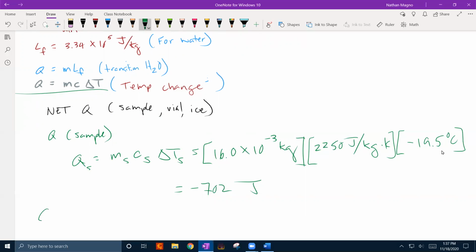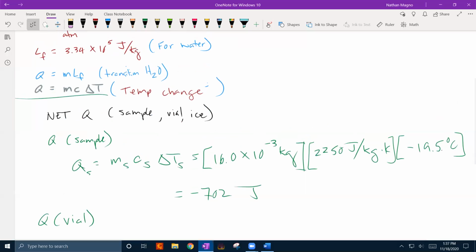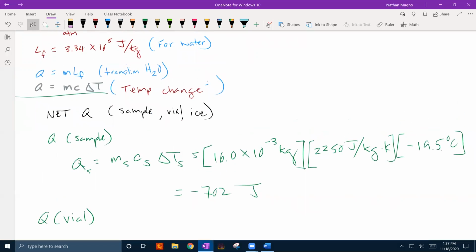All right, so let's write down the heat of the vial. So does anybody know what equation we would use for this guy? Transition equation. Are you talking about the one with specific heat, Thomas?